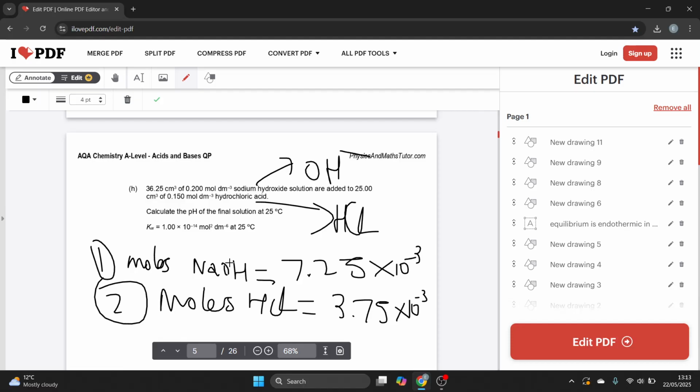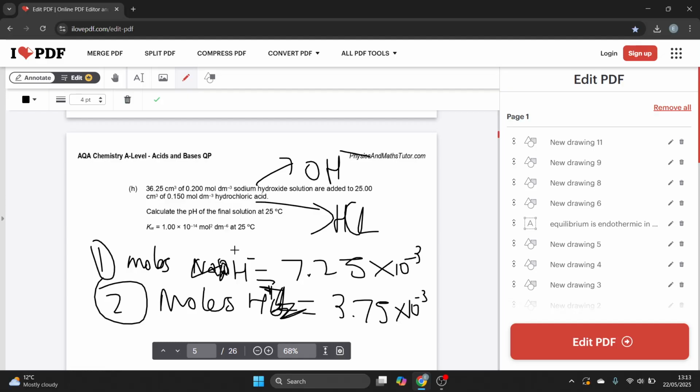Okay, but what it wants me to do is find out the pH of the final solution. So let's think about this. I've got sodium hydroxide, I've got hydrochloric acid. The sodium hydroxide dissolves, so I'm just left with the OH minus ions, and the HCl dissolves, so I'm only left with the H plus ions.